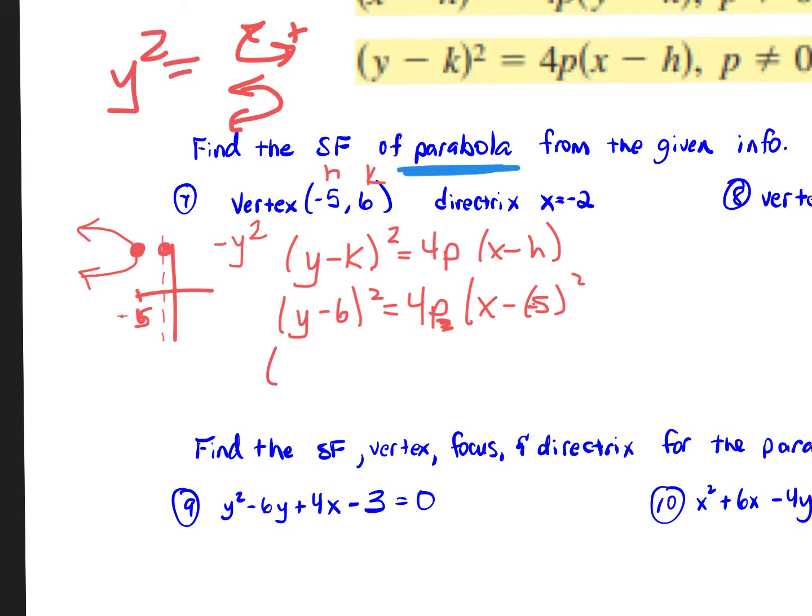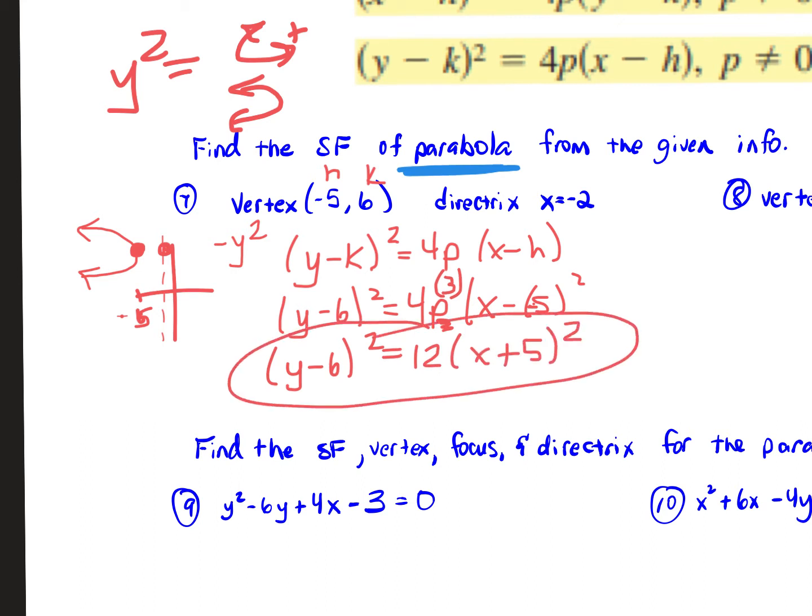So my equation would be y minus 6 squared equals 4 times 3, my p is 3, so it's 12 times x plus 5 quantity squared. Your p value is the distance from the vertex to the focus, or the vertex to the directrix, and then you multiply that by 4.